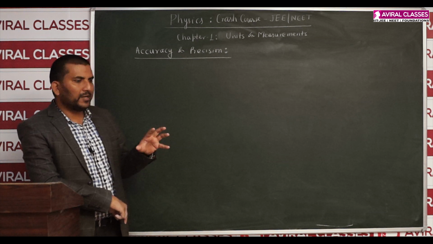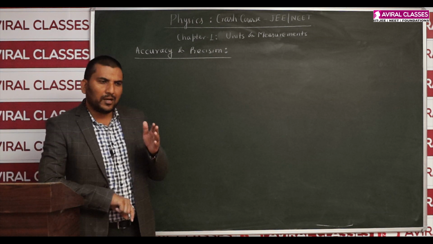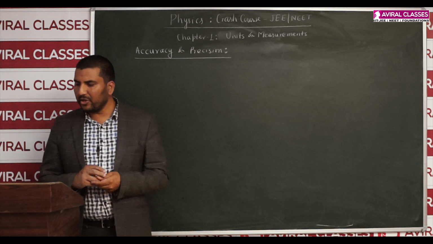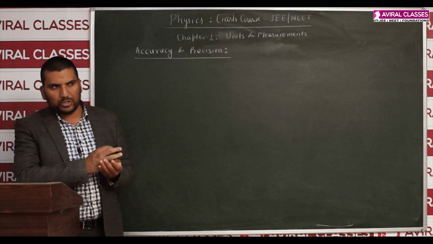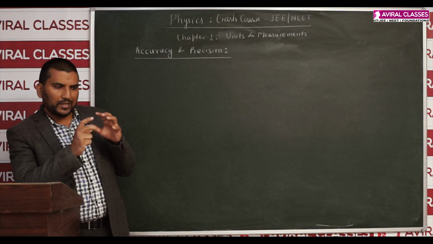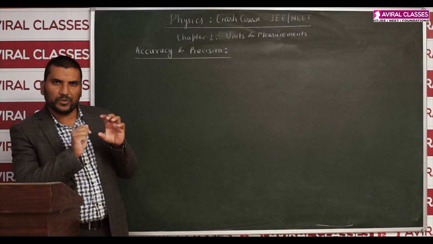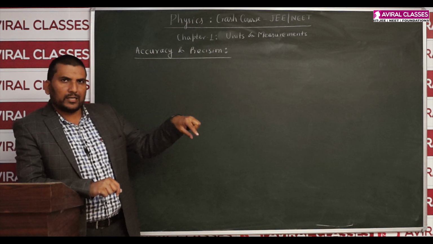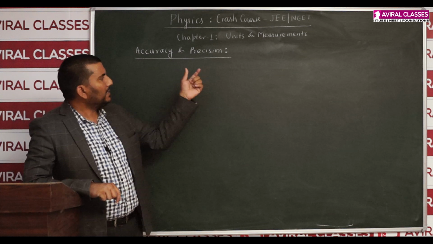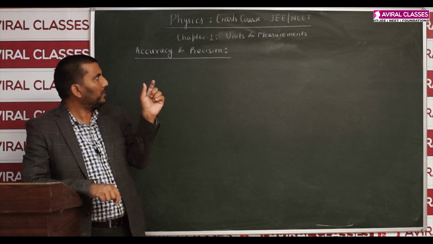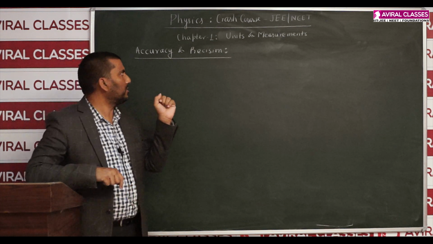Precision always defines the limit of accuracy, the resolution limit. What is the resolution of your instrument? Accuracy is closeness to the correct value. Precision is always defined by the limit of the instrument you are using to get the result.